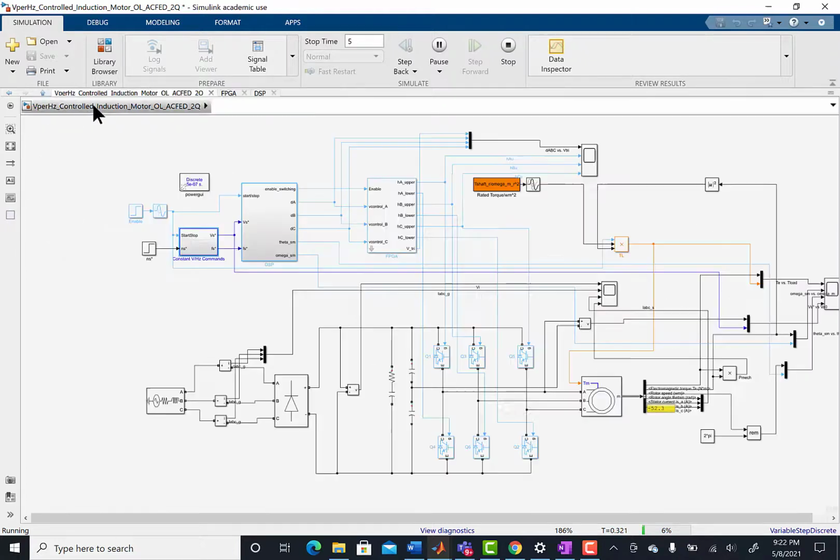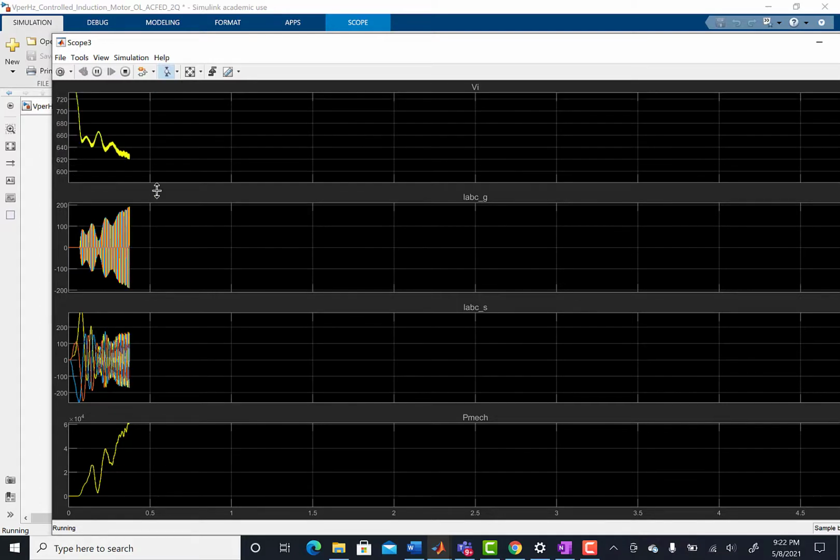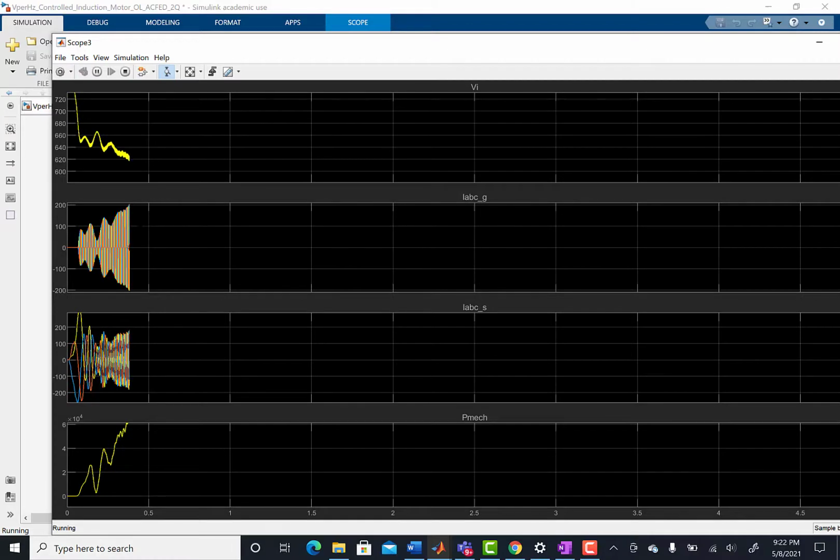And we're simulating with a DC bus voltage that is around 600 volts. So you can see the DC voltage here. And actually I want to point something out. This has got an AC source fed with a diode bridge. So we actually have a realistic simulation going on, and I'm looking at the grid side currents through the diode bridge. This has nothing to do with the pulse voltage synthesis.